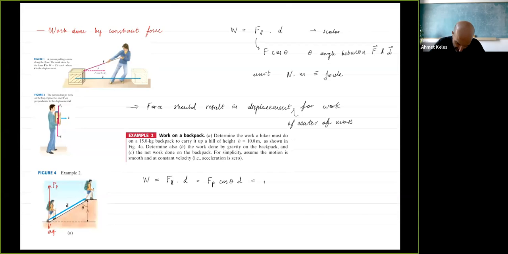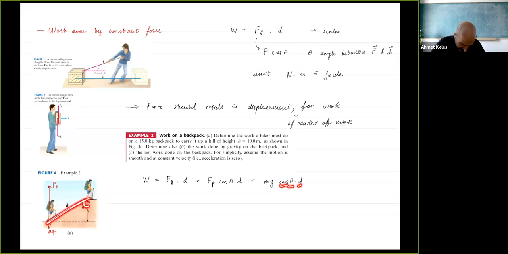So I can write mg, supposing he's moving with constant velocity, times cosine theta times d. To make things simpler, cosine theta times d, this is d, this is theta.